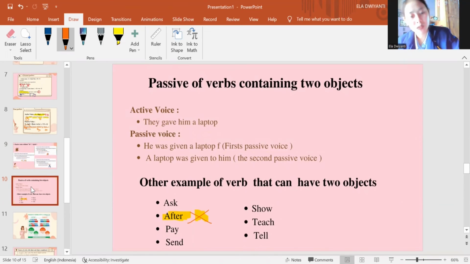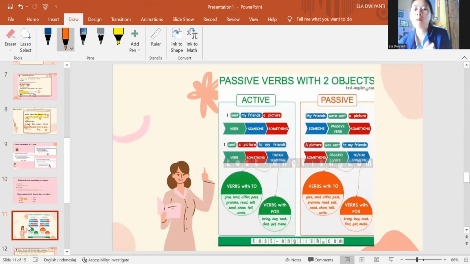Other examples of verbs that can have two objects are ask, pay, send, show, tell, teach. Here is the passive voice with two objects. In the active voice, for example: "Send my friend a picture." Send is the verb, my friend is somebody, and a picture is something.